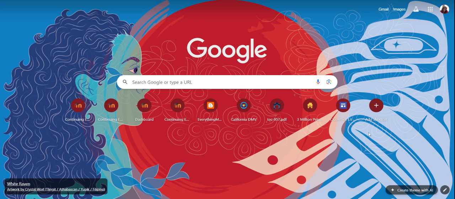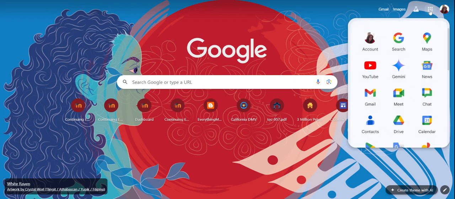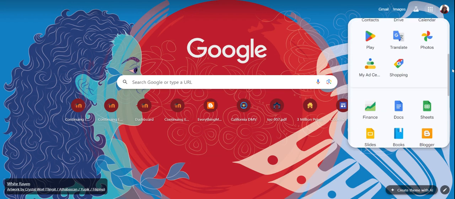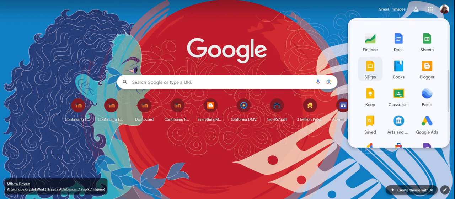But you are going to use Google Slides. So, how do we use Google Slides to do this and do it creatively? So, we're on our Chrome page. We go to our Google Apps, click on it, we go down to Slides. This is Google's version of PowerPoint.